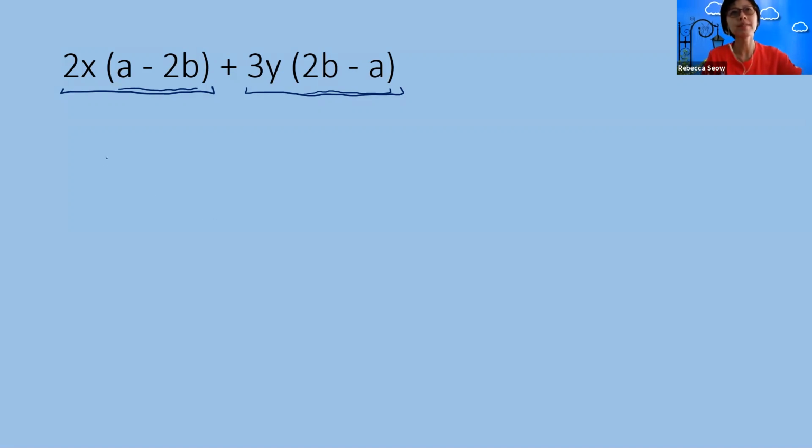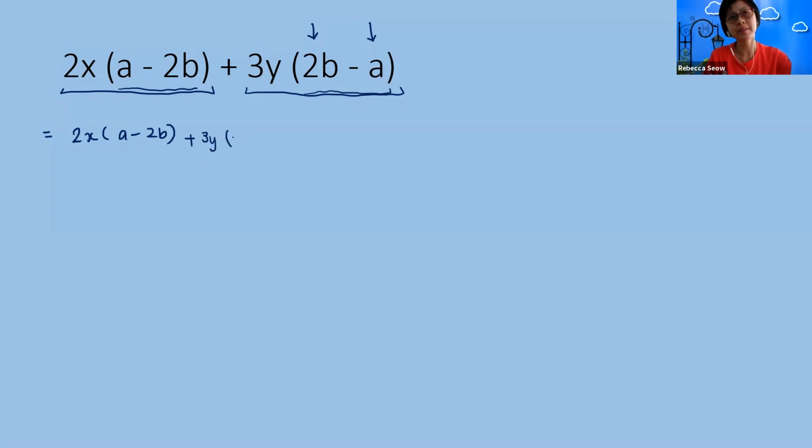So let's say if we want to make this term become -2b and this term become positive a, what we do is basically to factorize out negative 1 from each of these terms. Okay, so what do I mean by that? I have 3y.